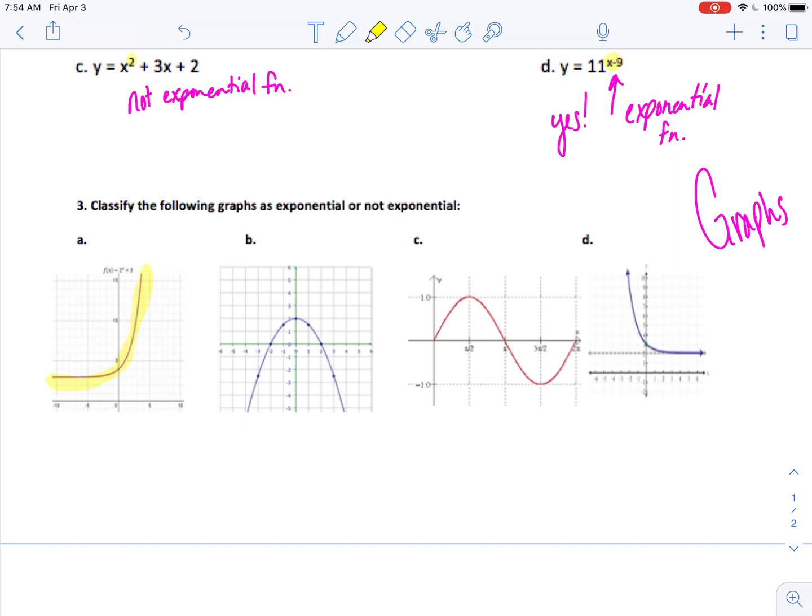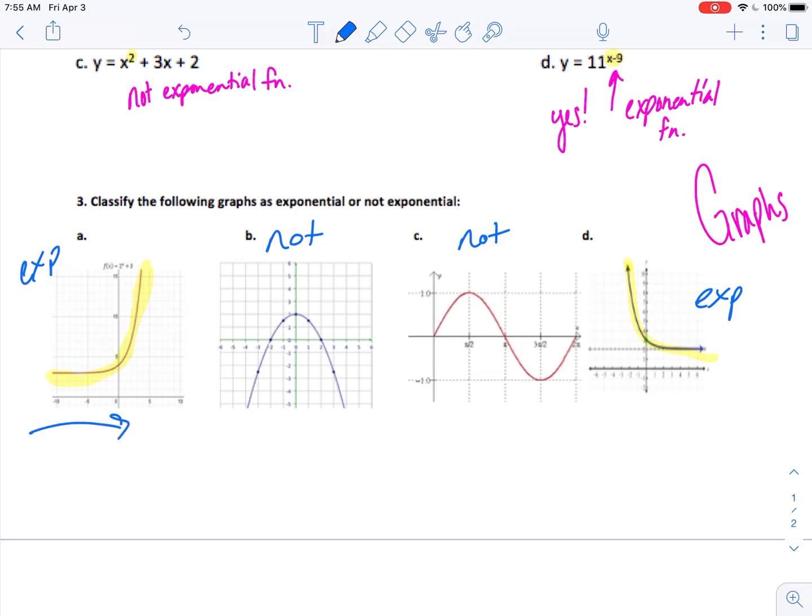And our very last problem type on your quiz is looking for exponential graphs. And again, that's where we have something that kind of looks like, maybe a hockey stick or a playground slide here. So these would be exponential, and these would be not exponential.